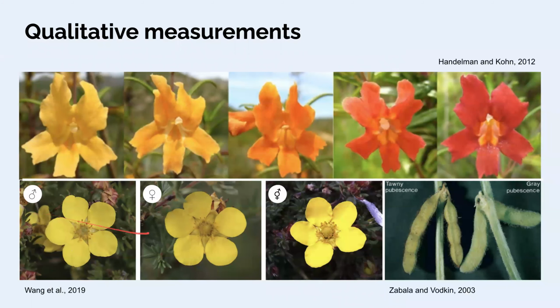You've got differences in the relative abundance of reproductive organs in these different flowers. Presence or absence, so different colors here, whether something is present or not. So they're not immediately something you can easily put a number to. Now, you actually can put a number to them. For example, if you have an image of these flowers, you can use a computer to tell you how yellow this is.